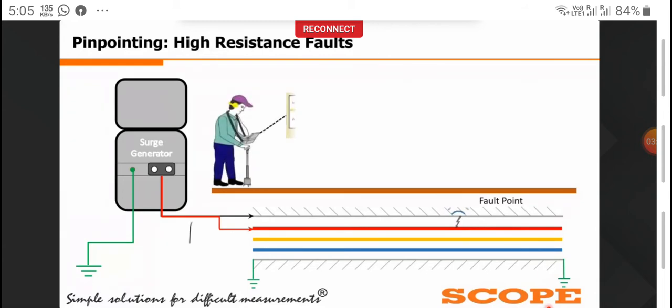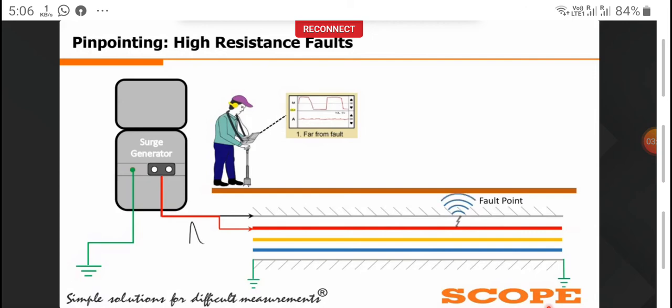By detecting these signals, in the first picture we can see that whenever we are very far from the fault point, we get the magnetic field, because the magnetic field is created over the overall cable. That's why we get the magnetic signal on the cable.